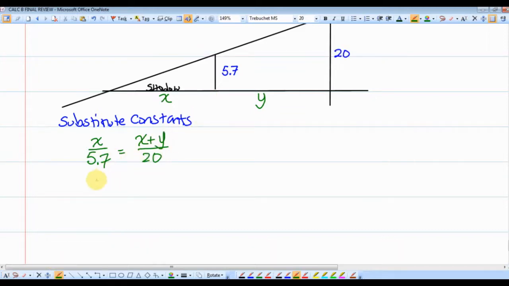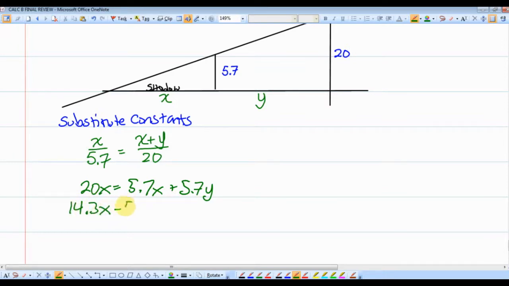Okay, all right, so this means 20x equals 5.7x plus 5.7y. This also means that we have 14.3x minus 5.7y is equal to 0.